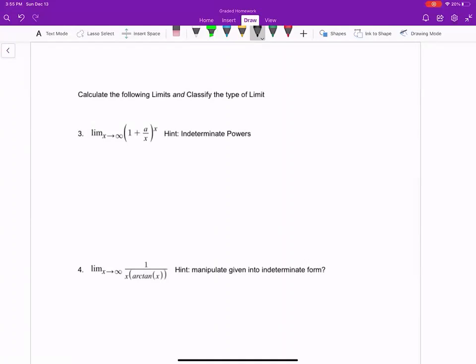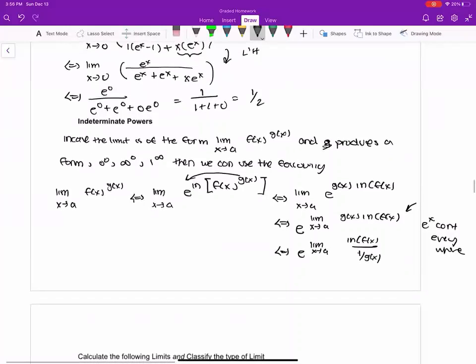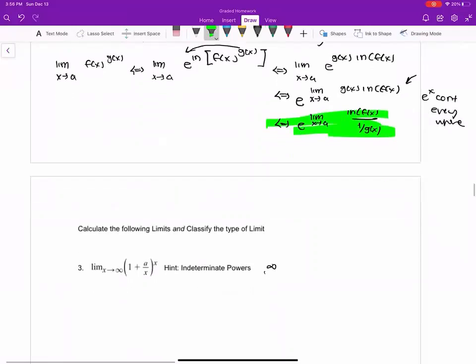So here, as you can see, if you plugged in x to infinity, you will get an indeterminate form because you have a number to the power of infinity. So in order to solve this, you would substitute this instead.